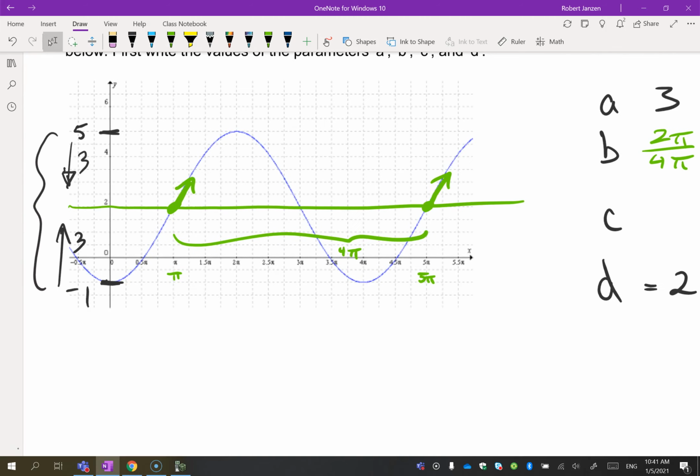Okay, and then when I look at C, remember that I'm looking for where this graph has started going up. Well, here it's starting going up. How far has it moved? This has moved exactly pi.